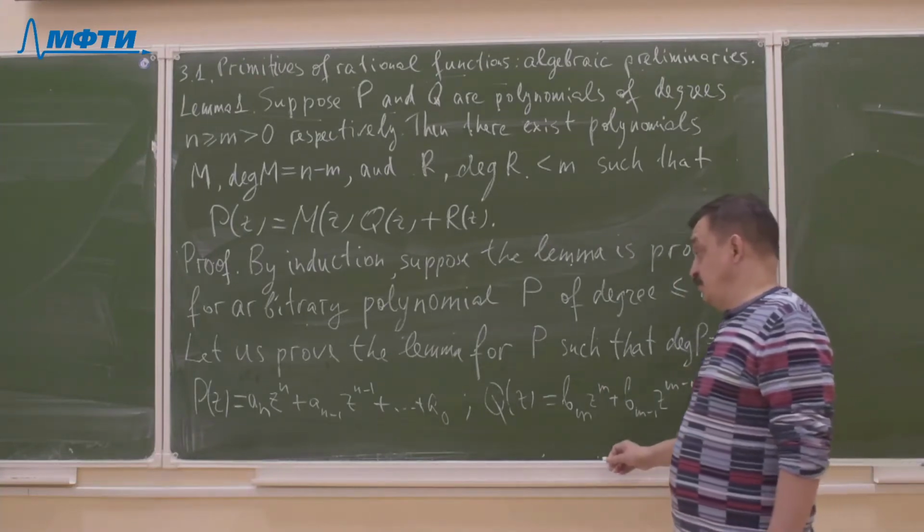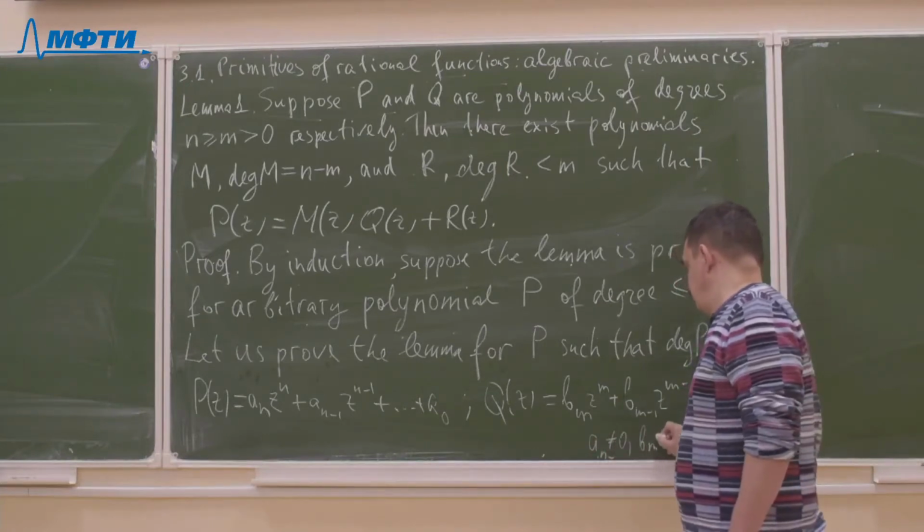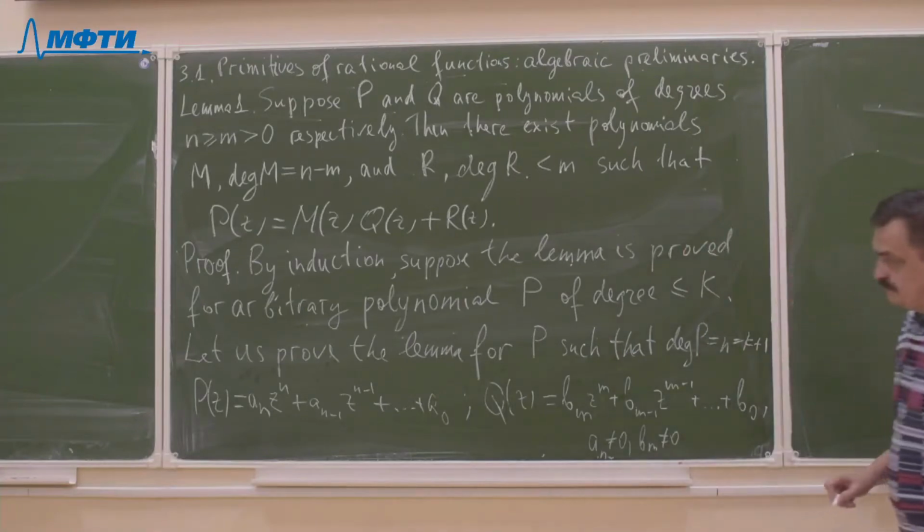And what we know is that both a n not 0 and b m not 0, since they are polynomials of precisely degrees n and m respectively.